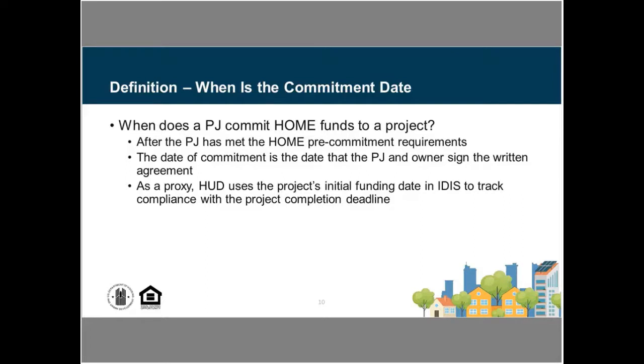But when it comes to actual compliance and determining, did this project meet the 4-year deadline, or if they missed it, are they subject to repayment of funds? That compliance decision will be made on that written agreement. So you might have had a written agreement that had a different date than what was in IDIS for your setup and commitment. And when HUD is making that decision about actual compliance, it will be the written agreement, not what is in IDIS.